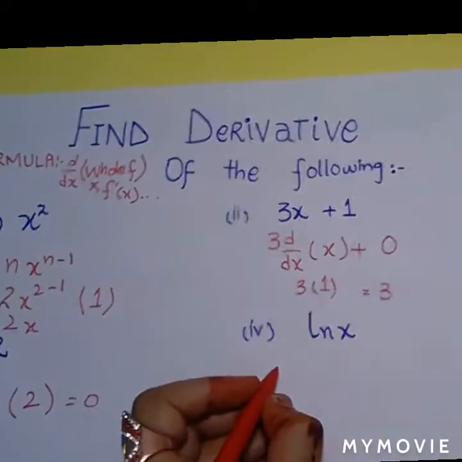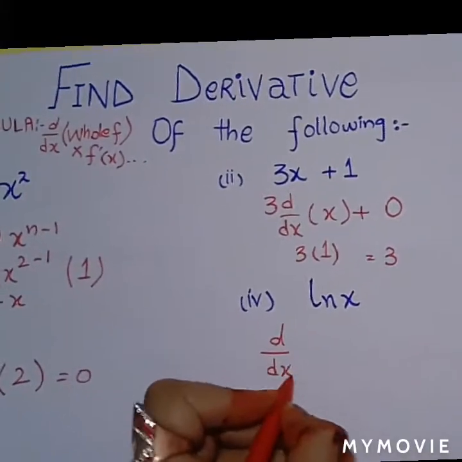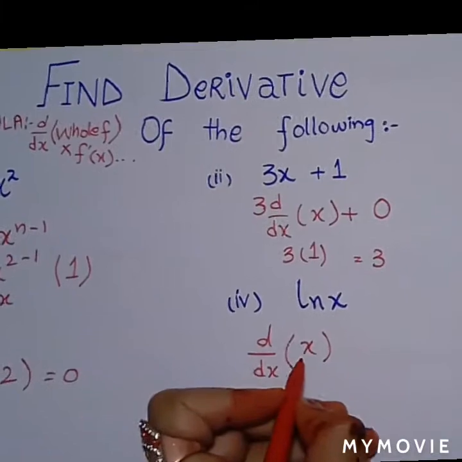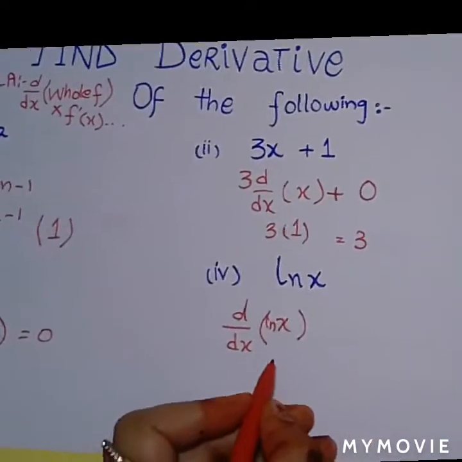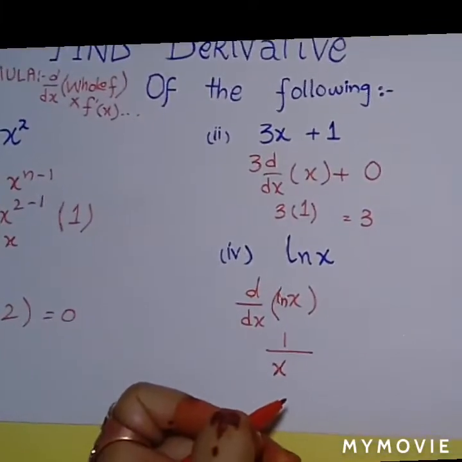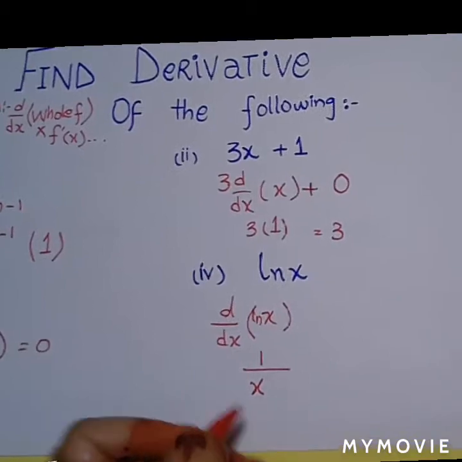Derivative of ln of x is the reciprocal of x. If I have a function other than x, it will also be reciprocal, but we have to take the inner derivative again.